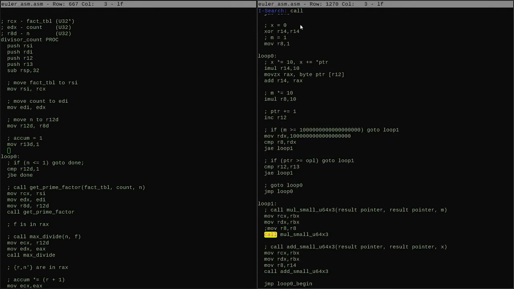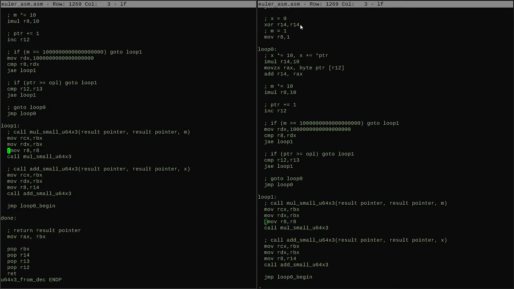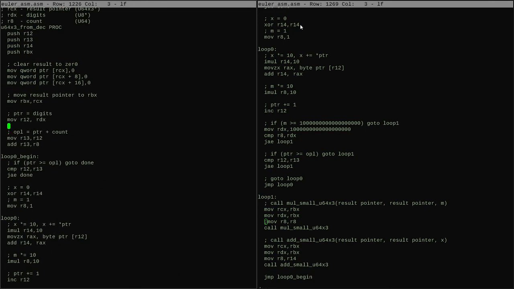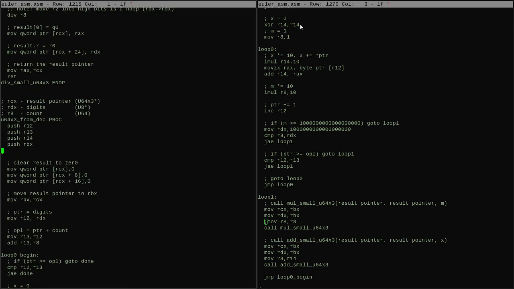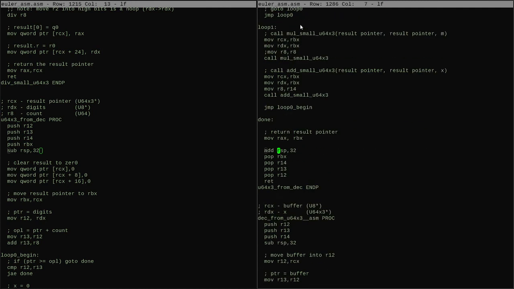All right, more call instructions. What about this one? All right, here I just need more space, RSP32, add RSP32.